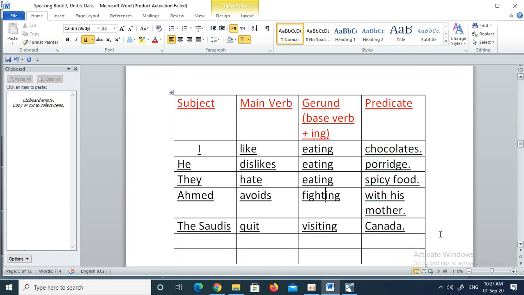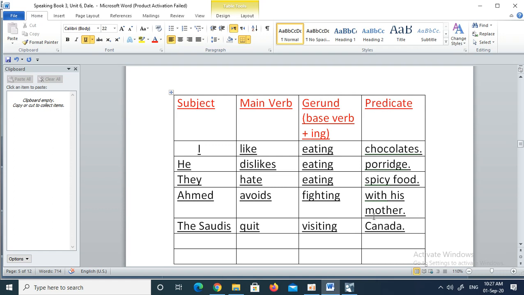It could be visiting, which is the base verb visit plus ing. And then we will have the predicate: chocolates, porridge, spicy food, with his mother. It's a very simple 4-block construction. Subject, main verb, gerund, predicate.